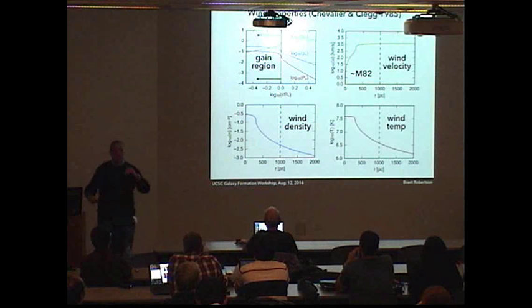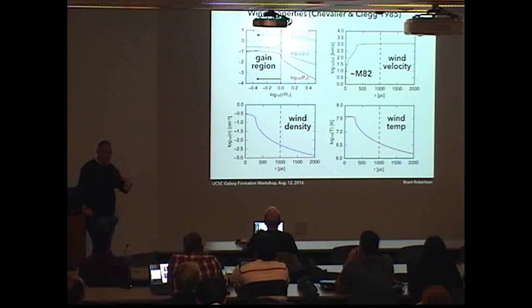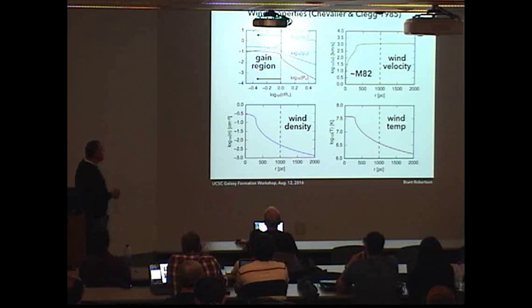Okay. So what do we do for the wind? We're interested in what happens when you have a galactic scale outflow hit some cold material. What happens to that cold material? So what we're doing for the wind is we're pretending that it's a spherically symmetric hot wind, something like the Chevalier-Clegg model, where there's a certain amount of energy and mass input into a gain region.